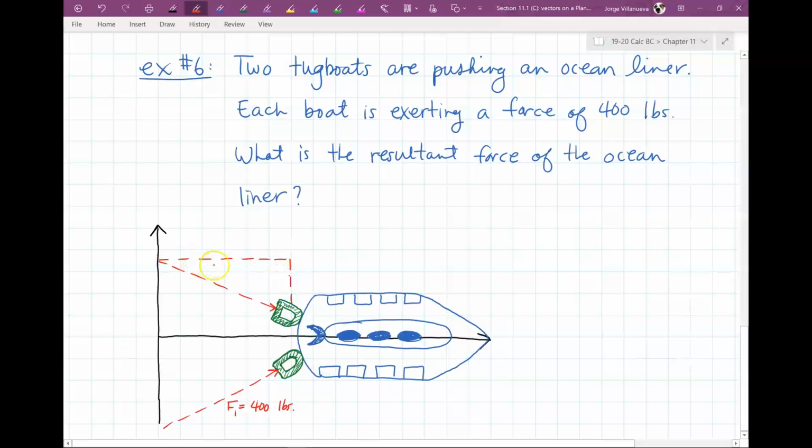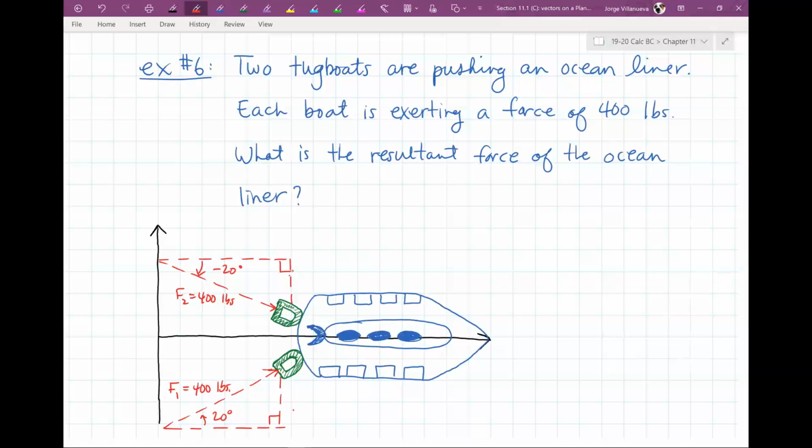So this would be a negative 20 degrees. I guess I could do it the other way. Hold on. Should have planned this a little better. So this is positive 20 degrees. So force 2 is 400 pounds. Force 1 is 400 pounds. Is there anything else I have to label there? No, that's basically it. So that's the setup to the problem.